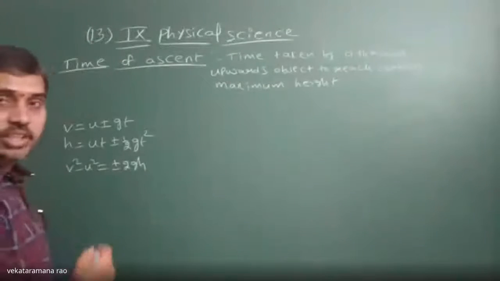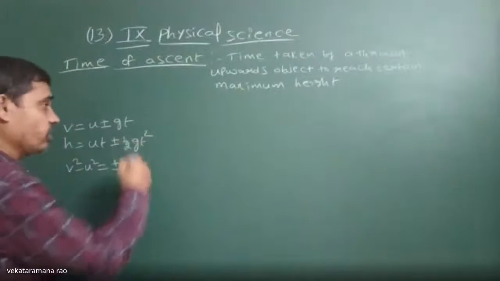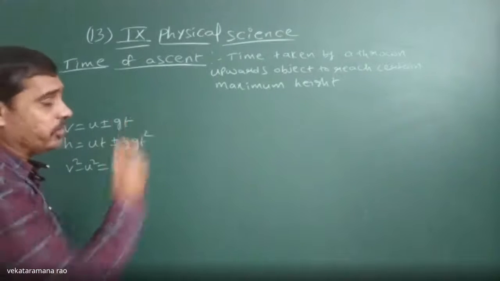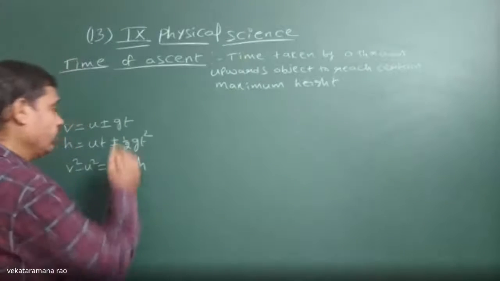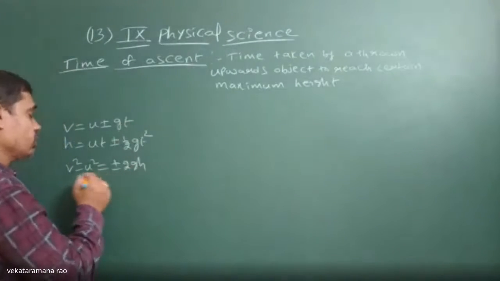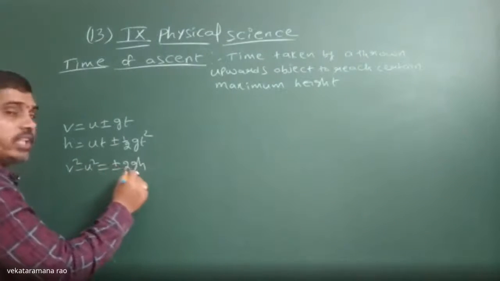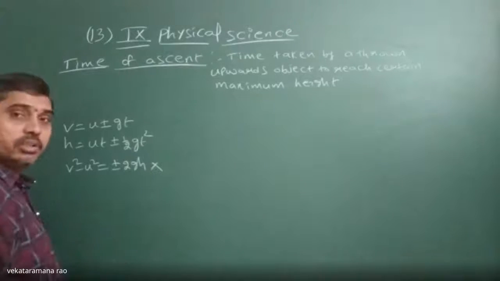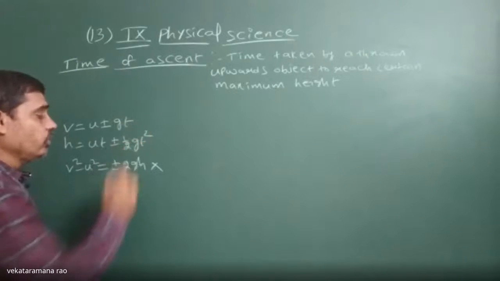Which of these three is useful for us to know about time of ascent? Wherever we have time, that is useful. Since the third equation doesn't have a t term, it is not useful. We have to derive from these two.